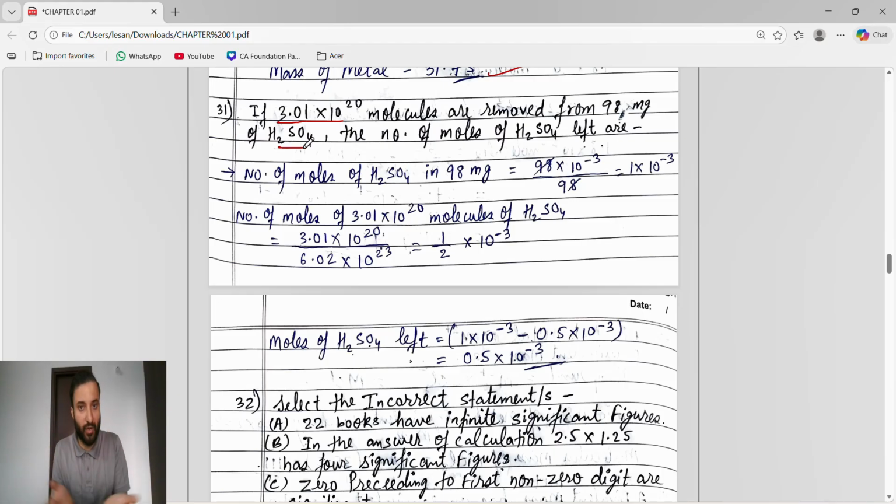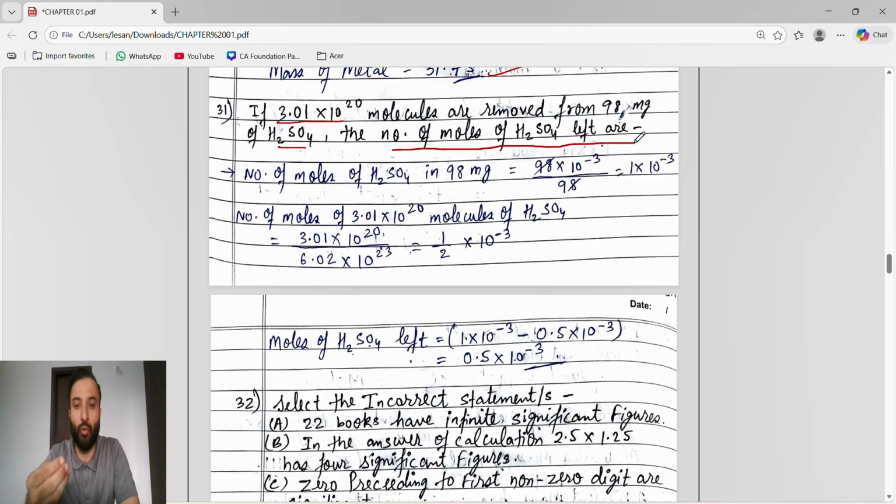From the total of 98 gram of H2SO4, 3.01 into 10 to power of 20 molecules are removed. Find the number of molecules of H2SO4 left.